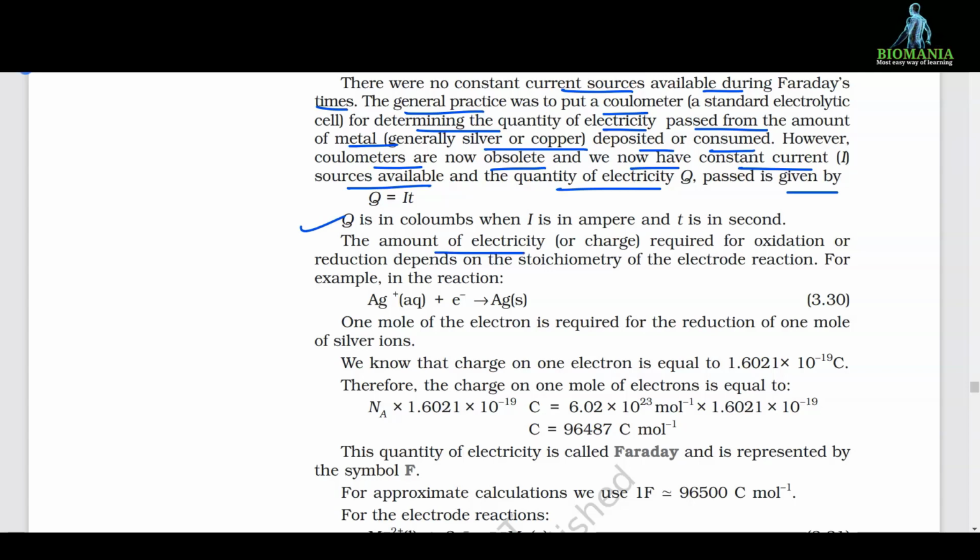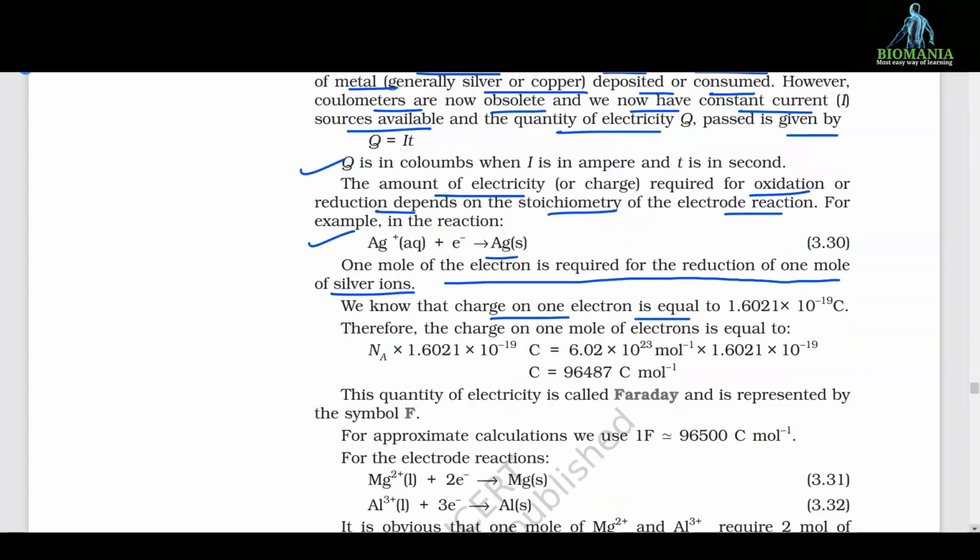The amount of electricity or charge required by oxidation or reduction depends on the stoichiometry of the electrode reactions. For example, in the reaction Ag+ plus electron gives Ag, 1 mole of electrons is required for the reduction of 1 mole of silver ions. We know that the charge on 1 electron is equal to 1.6 times 10 to the power minus 19 coulomb.